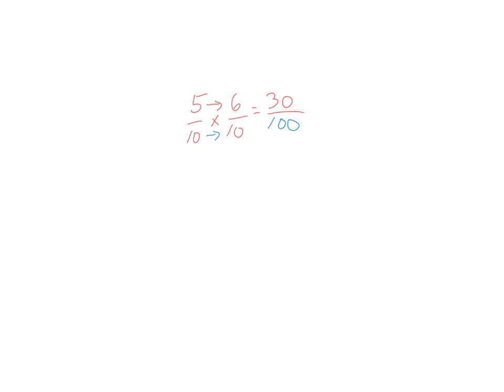But the question you need to ask yourself, are you done? Okay, well, there's one way to find out. Let's look for the greatest common factor to simplify it. So to get 30, I have 1 times 30, 2 times 15, 3 times 10, and 5 times 6.